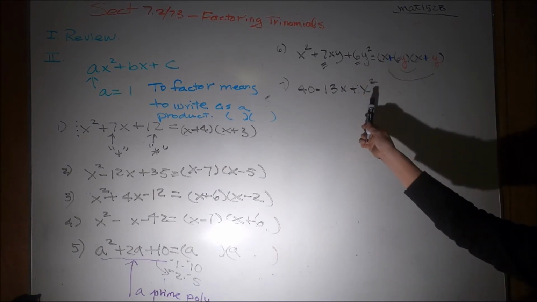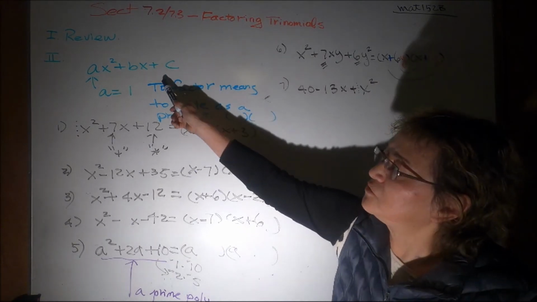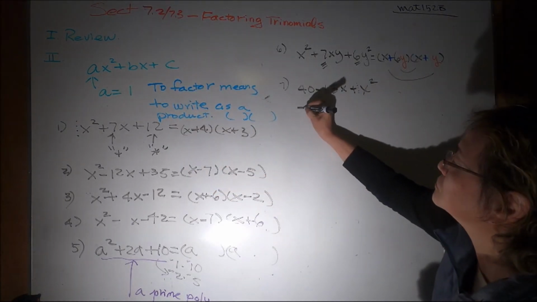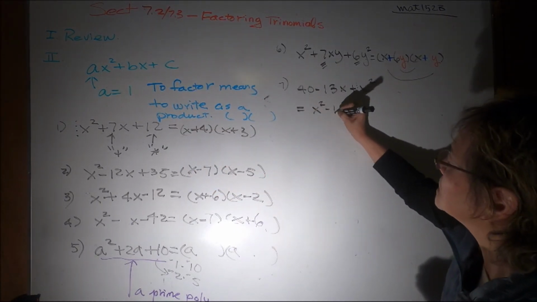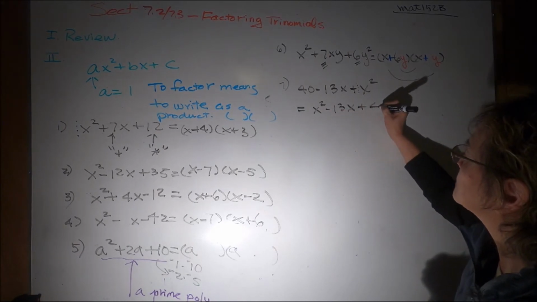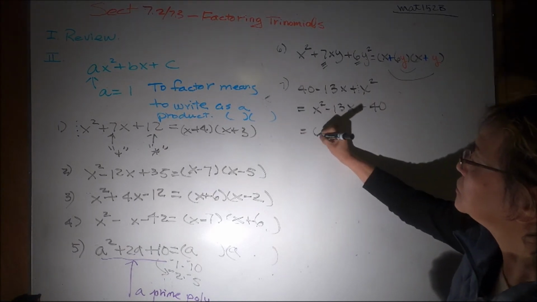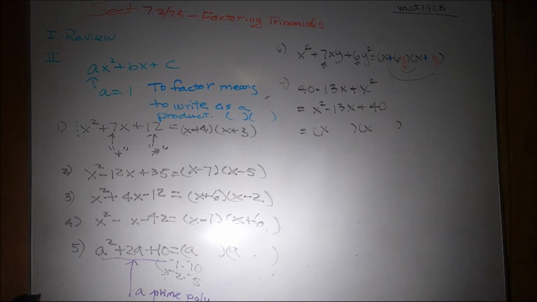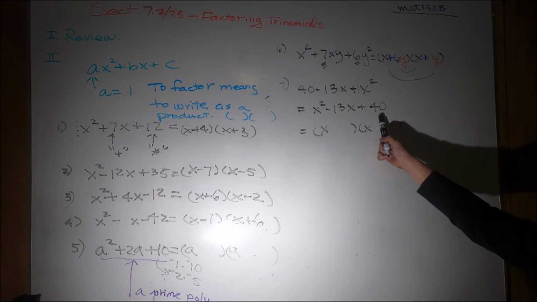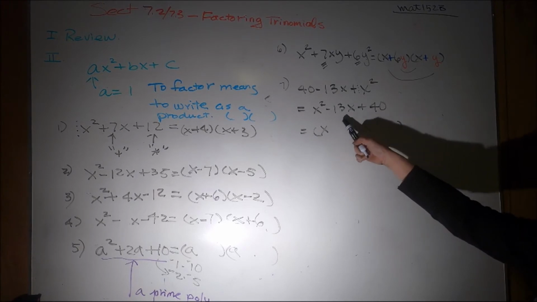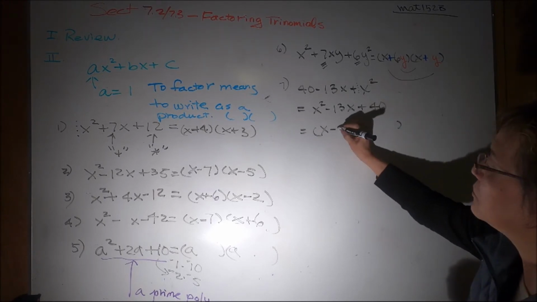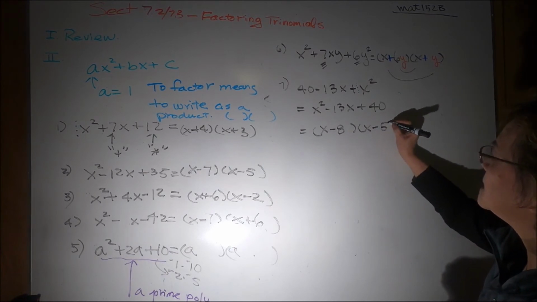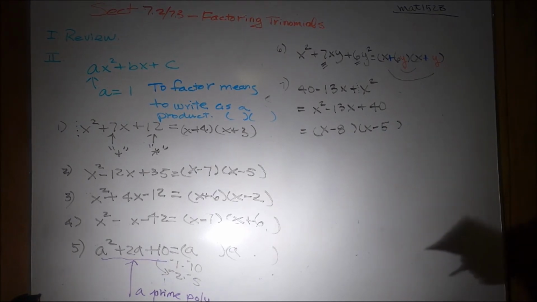We have to write it as a standard form from highest order to the lowest order. So you need to rewrite it first before you factor it. That's x, right? Which two numbers for 40, 8 and 5 will work, but negative. So that would be what? Negative 8 and negative 5. Right?